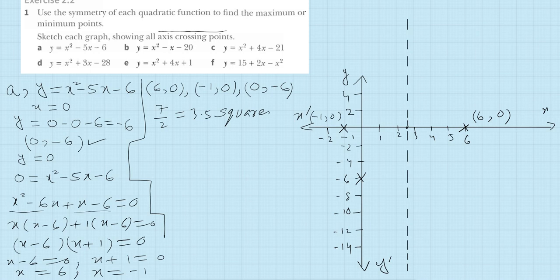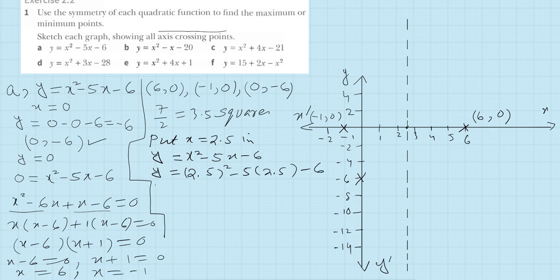Now the next step: this value on the x-axis is 2.5. We have to put x is equal to 2.5 in our equation, y is equal to x square minus 5x minus 6. So put x as 2.5: 2.5 square minus 5 into 2.5 minus 6.